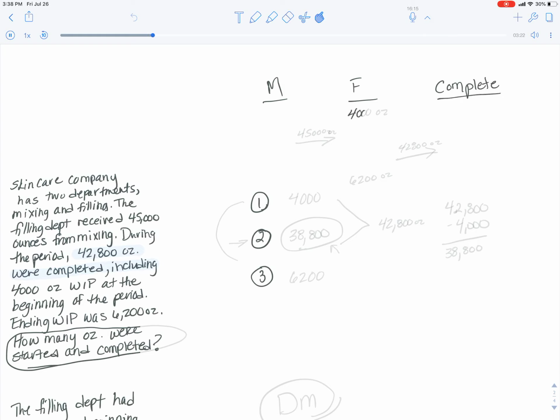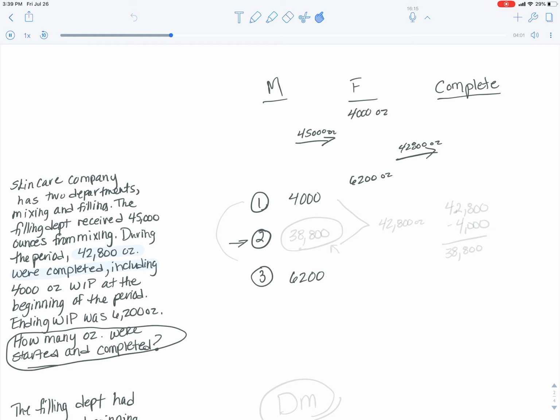So it says that we started off with 4,000 ounces over in filling, and 45 ounces were transferred over from mixing, then 42.8 was transferred out to complete, and then we ended up with 62 ounces. So hopefully you can see that there are three groups here. There's a beginning work in process, which was 4,000 ounces. There's an ending work in process, 6,200 ounces, and we don't know what group 2 is. That's the question. How many ounces were started and completed, which is group 2?